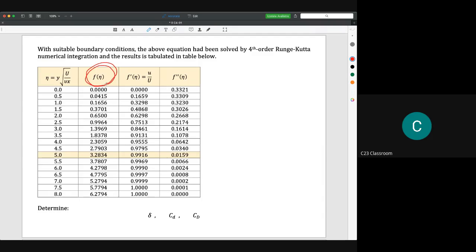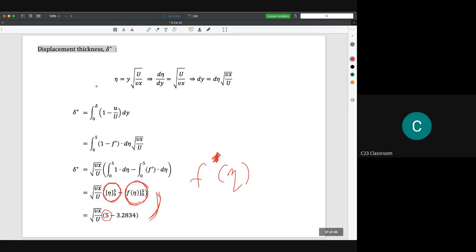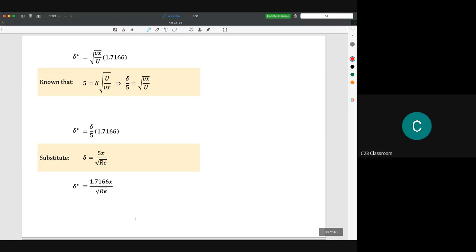When eta is 5, we get 3.28. And when eta is 0, we get a 0 value. So the total value is 3.28 minus 0. So that's why we could get a value of 3.2834. Because this value is actually the value when you substitute f at eta equal to 5 minus f at eta equal to 0.